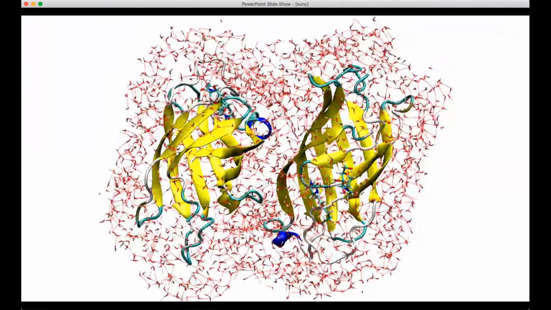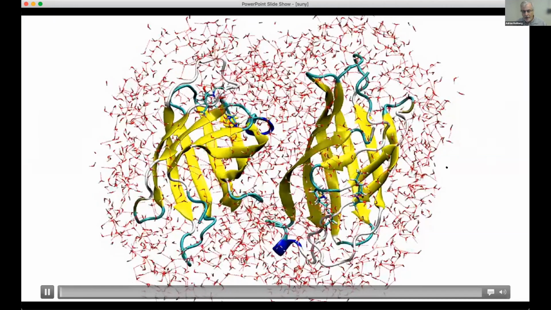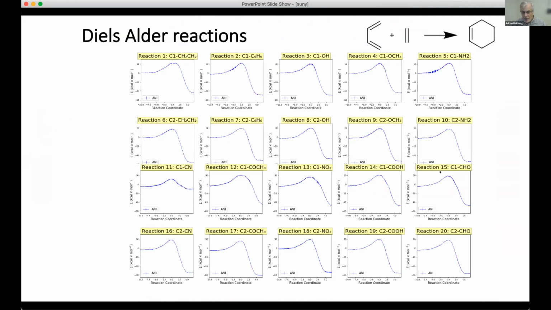Yeah, that's a great question. I like to separate questions like that into two parts, right? It can, in the sense that this network doesn't know anything about bonds, right? It doesn't really know chemistry per se. So it can. The question is, is it any good? And I skipped a slide, but basically we have done chemical reactions.